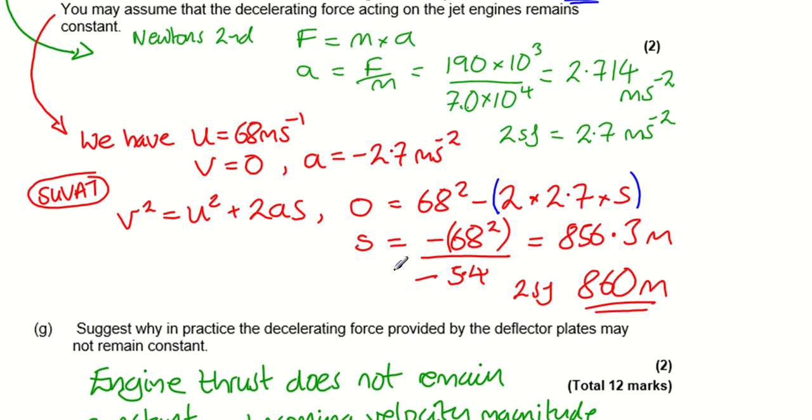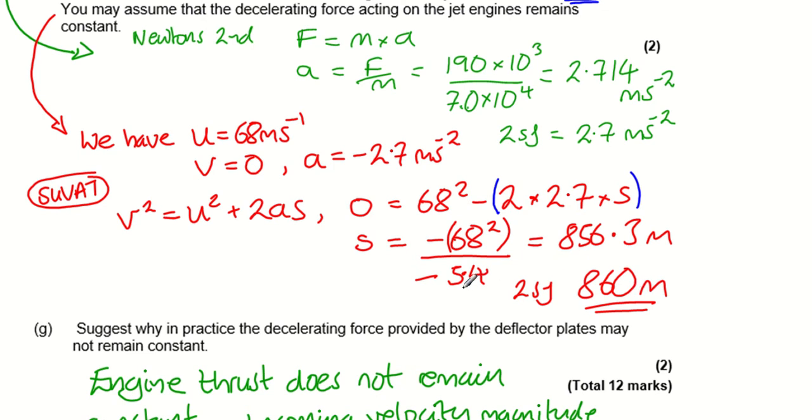If I rearrange this, I get that s is minus 68 squared divided by minus 5.4. Note it's 68 squared, not minus 68 squared, because then that would end up as a plus. So the minus and minus cancel out. The whole thing comes out as a positive 856.3. I've done 2 sig figs again, rounded it to 860 meters.